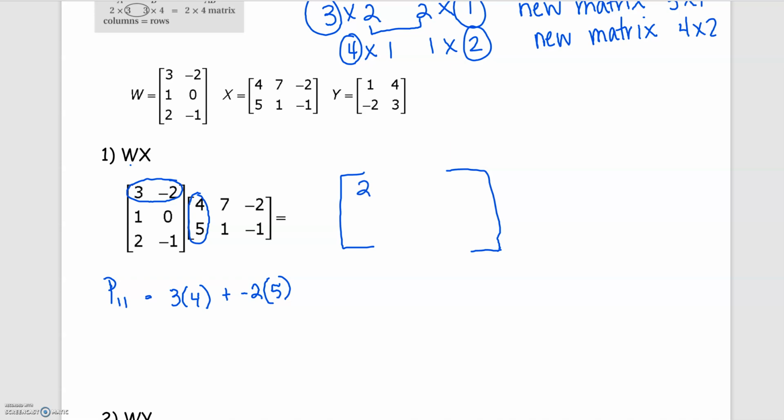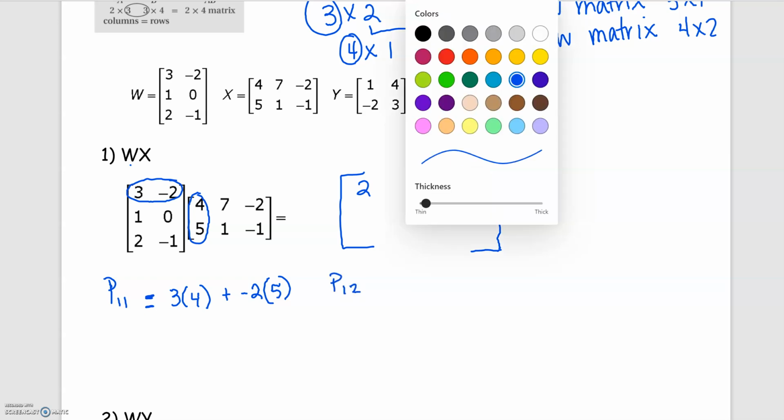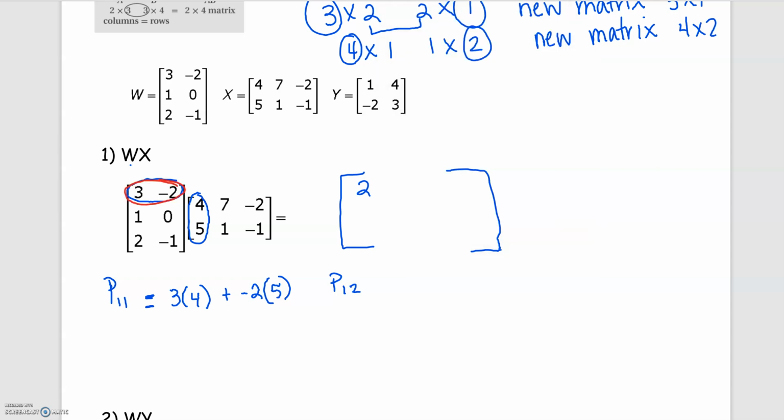Okay, and then I'm going to do my first row, second column. So let me get a different color here. First row, take it times the second column. So I'm going to have 3 first times first, 7, plus the second number, -2, times the second, and we're going to have 21 plus -2, that's 19.